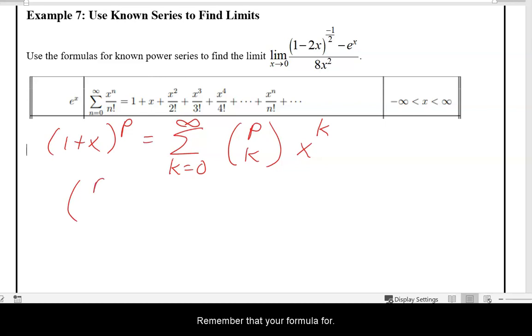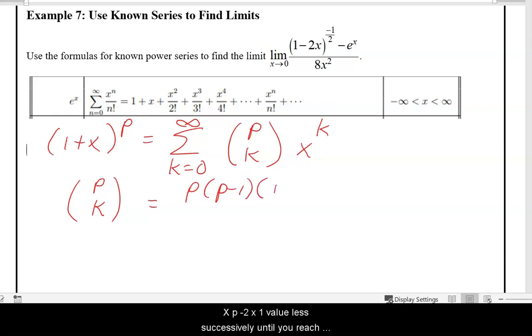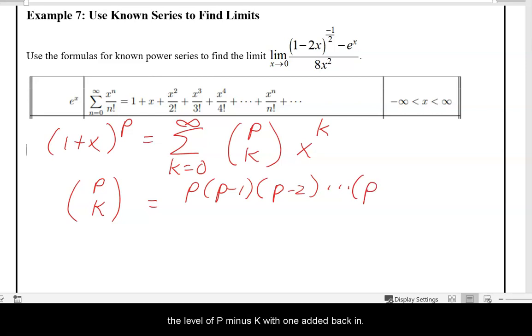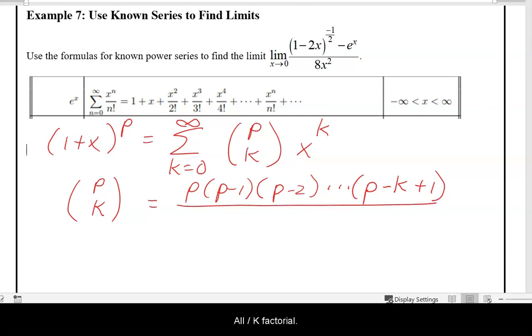Remember that your formula for p choose k is the same as p times p minus 1 times p minus 2 multiplied by one value less successively until you reach the level of p minus k with 1 added back in, all divided by k factorial.